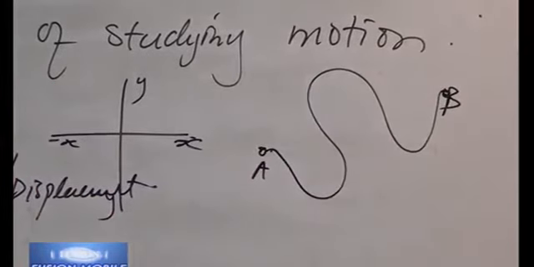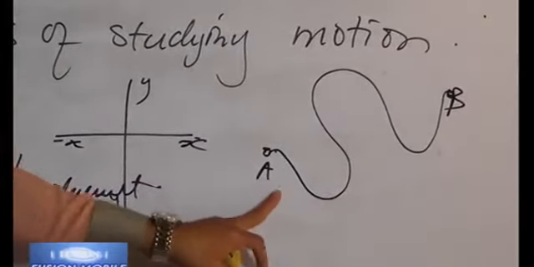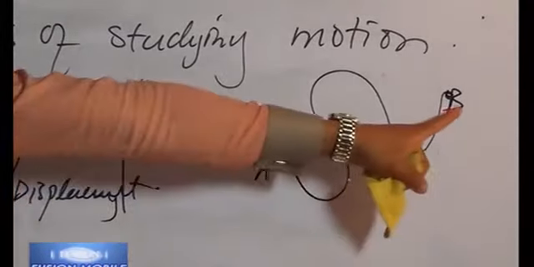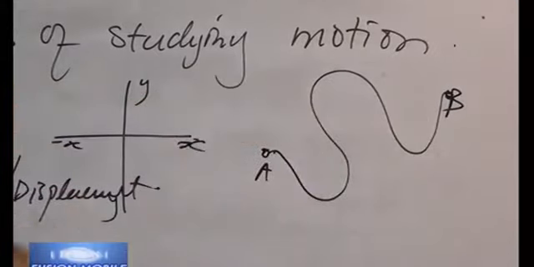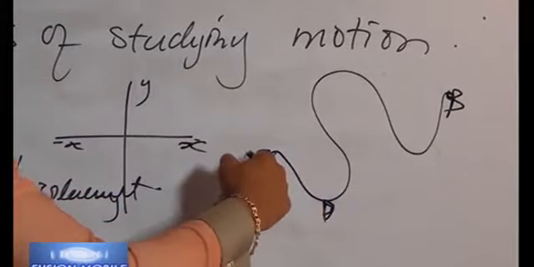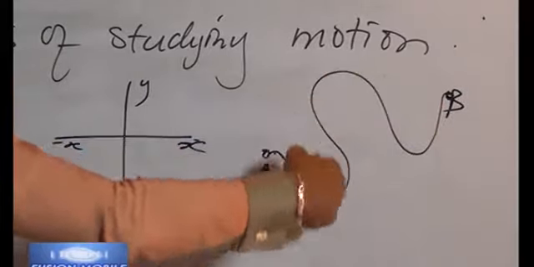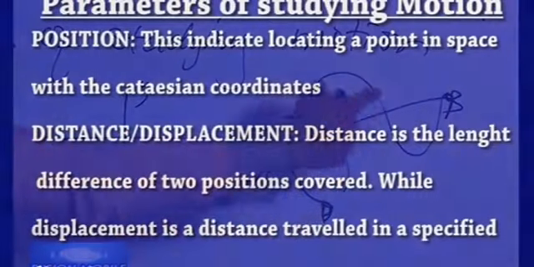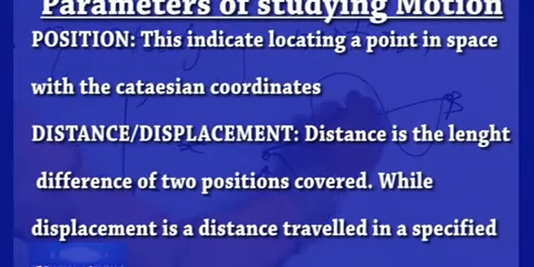to that particular position, we'll say that this is position A and that is position B. Moving from A to B through this path, we call this particular path, the length difference from this A to B through this path, the distance. While the straight connection from A to B is called displacement.